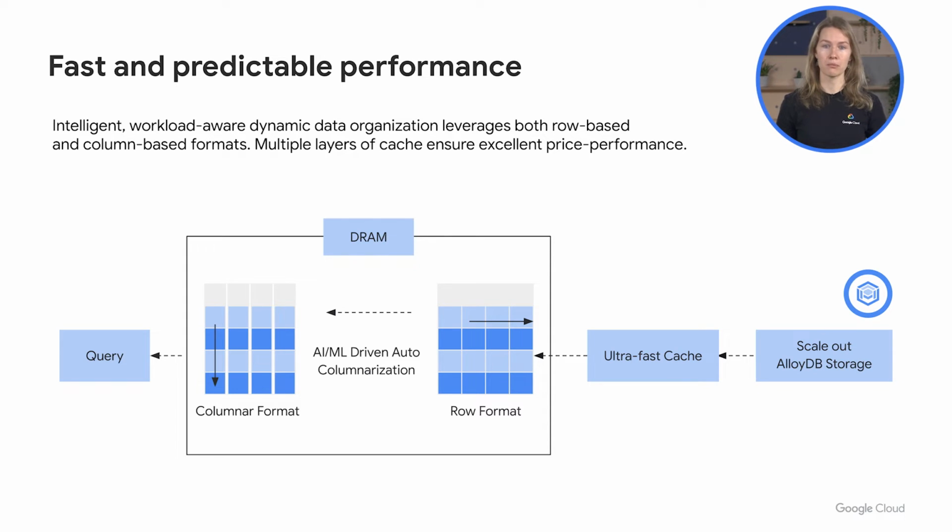Fourth, an in-memory columnar engine which dramatically speeds up analytics. Only AlloyDB offers this feature in the Postgres world. This columnar engine is an in-memory store that is automatically maintained by AlloyDB. The customer can turn the feature on or off and can manually configure which columns are included. When a SQL query is performed in AlloyDB, the query optimizer automatically determines if the data is in the columnar store.